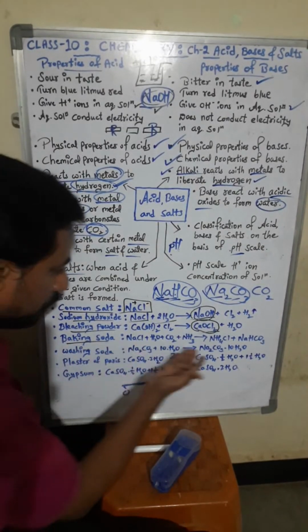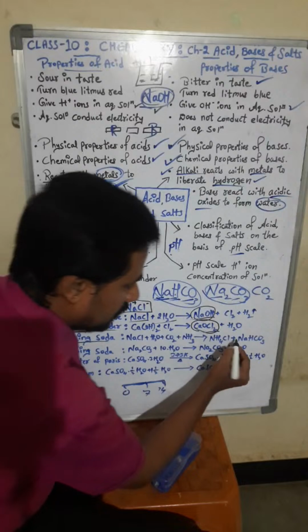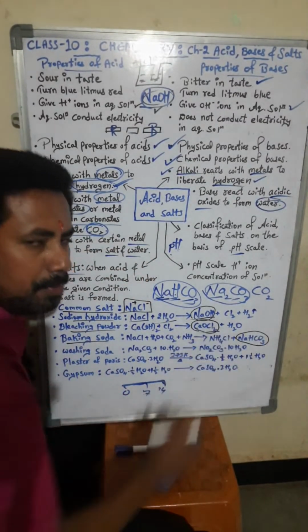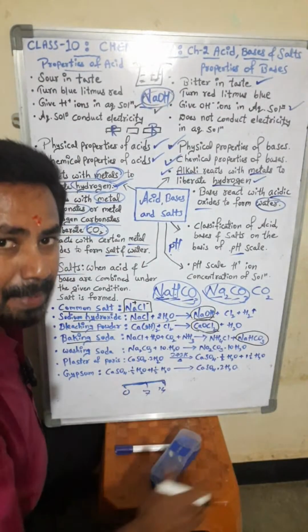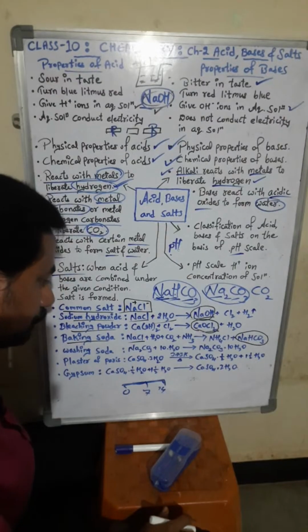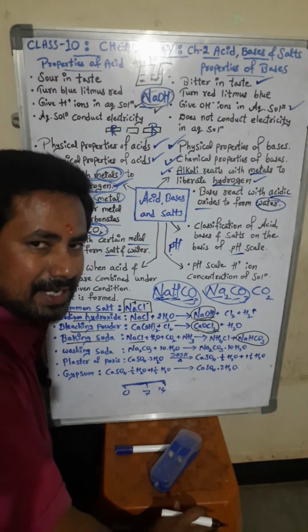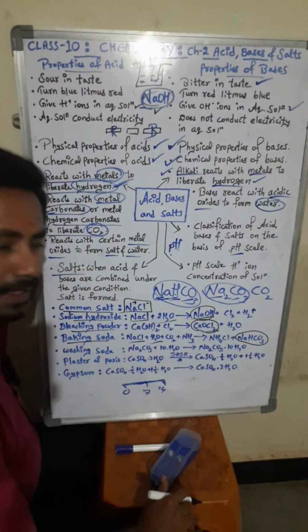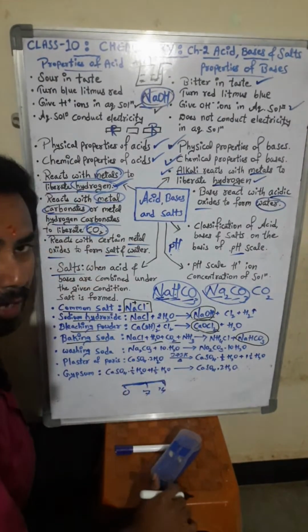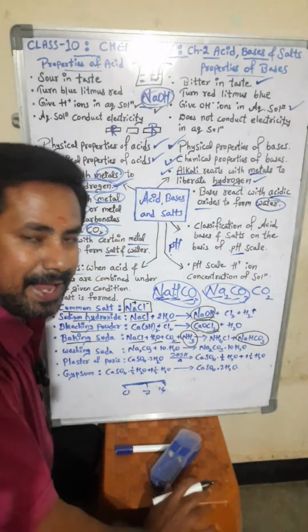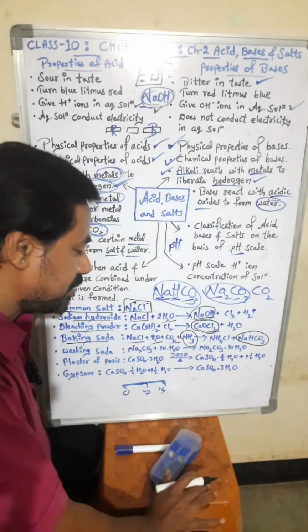So what is the baking soda formula, students? NaHCO3. How is it formed, sir? How can we make baking soda? Simple. We have to take common salt, NaCl, sodium chloride. We have to take water, add carbon dioxide, and also add the main ingredient, ammonia. NH3 means what?